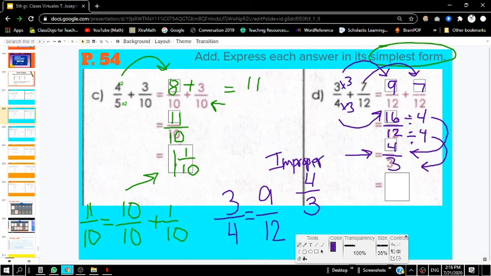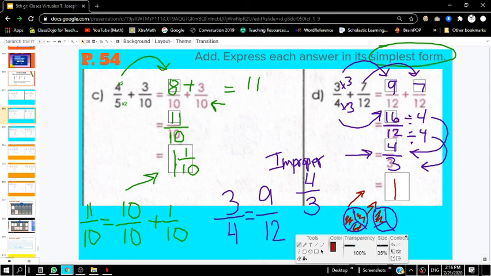If I draw out 4/3 right here on the bottom, and I count thirds one by one, I know that 4/3 is equal to, well, 1, 2, 3, 4. We have 1 whole and 1/3.